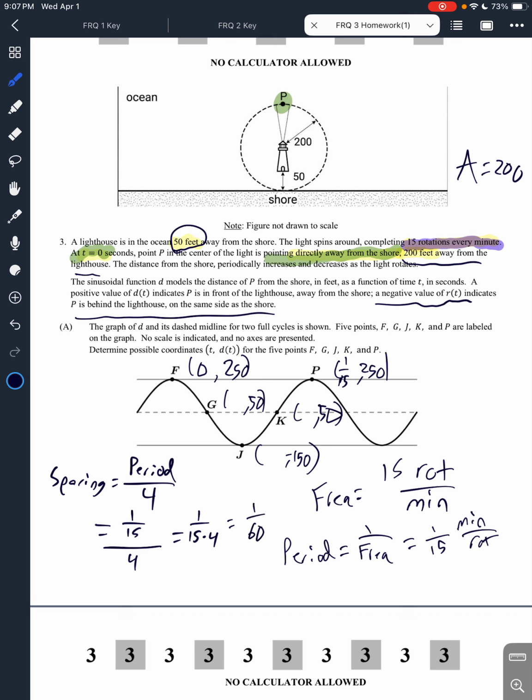So once we have our spacing, we can just add that on. So F is at 0 plus 1/60 is 1/60. J, add another 1/60, that could be 2/60. For the AP test, they are totally fine if you do not simplify your answers for this problem, for the no calculator section. For now, I'm going to leave them unsimplified, and then I'll go through and simplify them at the end.